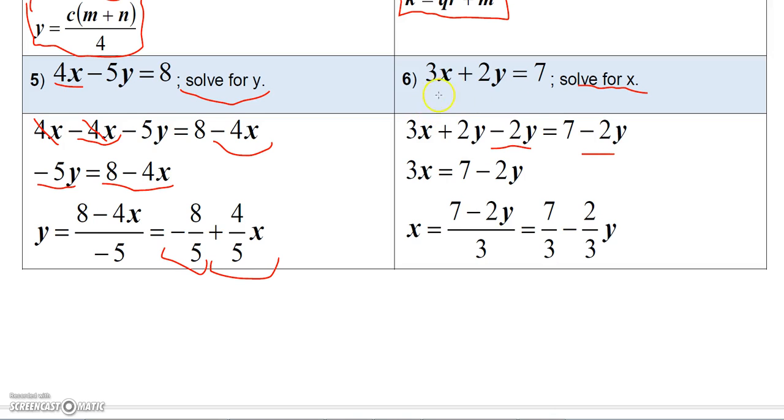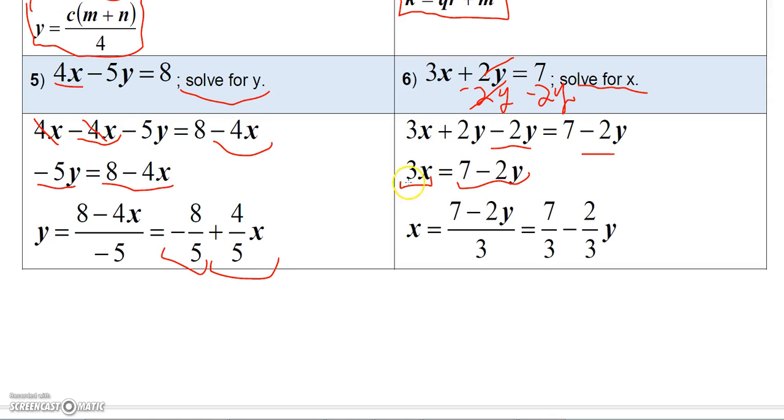Now, you could write it like this, where you subtract the 2y. This would be a vertical technique. But either way, when you subtract the 2y from both sides, you're just going to be left with 3x on the left, and then on the right side you're going to have 7 minus 2y.